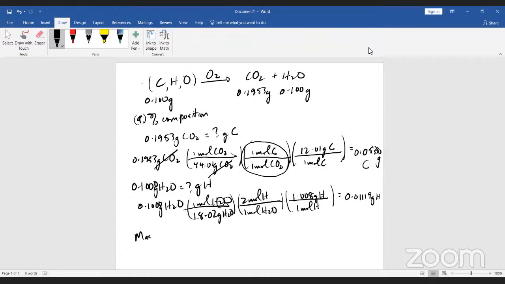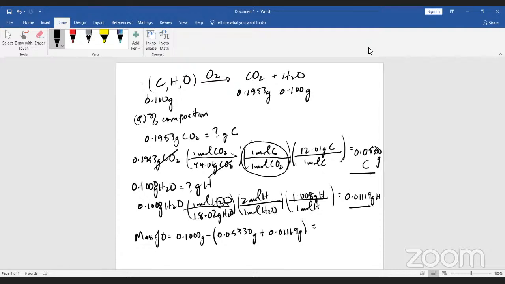So let me write here, mass of oxygen will be equal to the total mass of the compound, which is 0.1000 grams, and subtract from that the sum of the mass of carbon and the mass of hydrogen, which would be 0.05330 grams plus 0.01119 grams. And whatever that gives should give us the mass of oxygen.